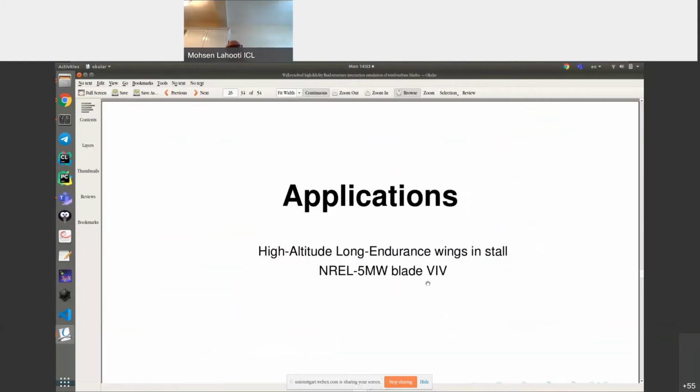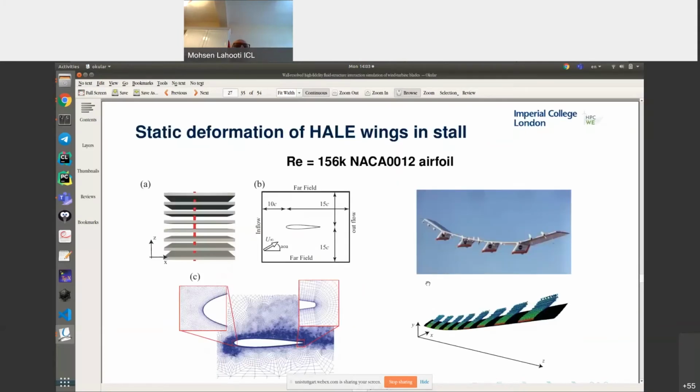For the application, I will present two examples here. One is the static deformation of a high altitude long endurance wing, to validate the structural solver, and the other is an example of the NREL 5MW vortex induced vibration. For the static deformation of the HALE wing, we consider a Reynolds number of 156,000, and the wing has a constant cross section of a NACA 0012 airfoil.